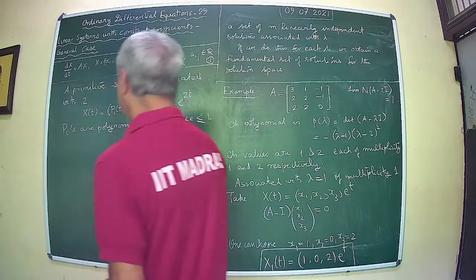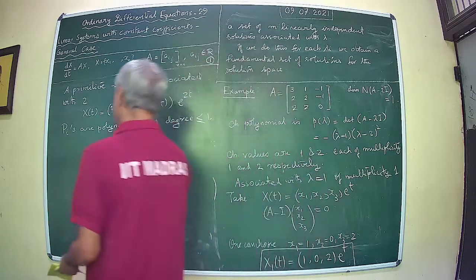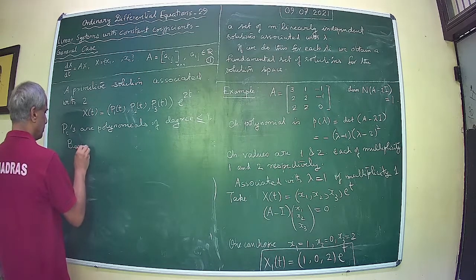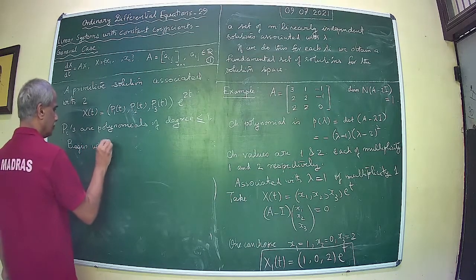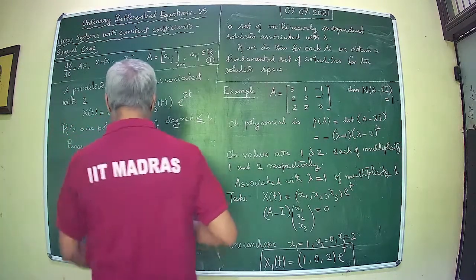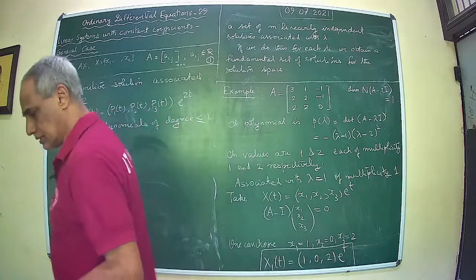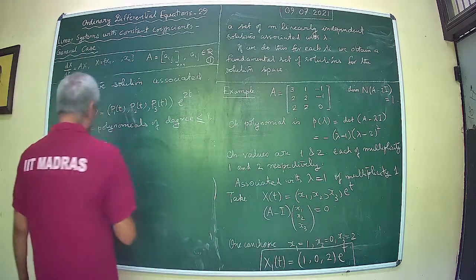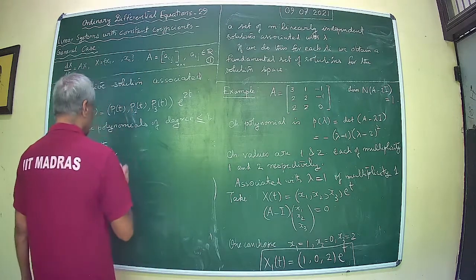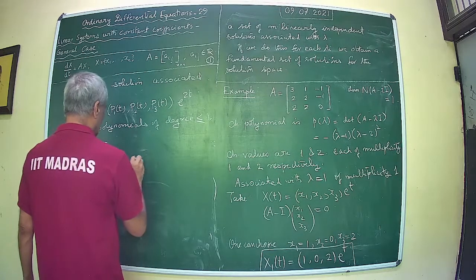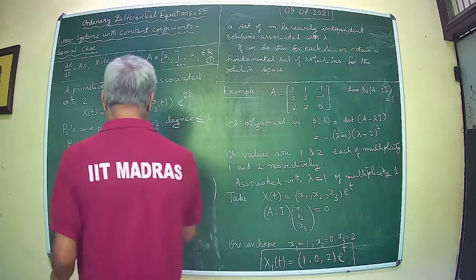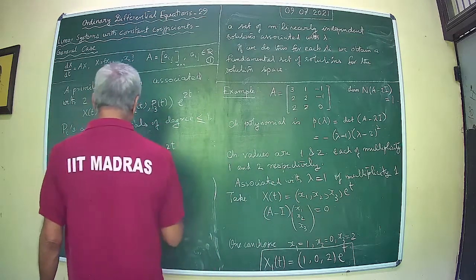So we begin with x(t) taken as, where c_i's are constants.